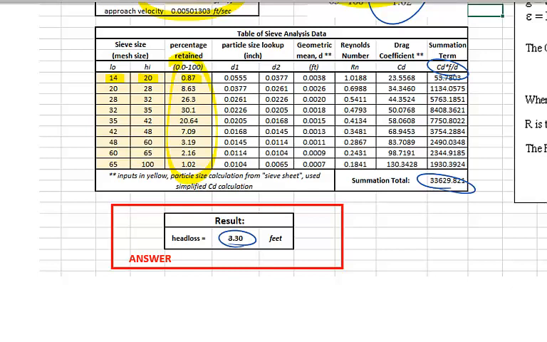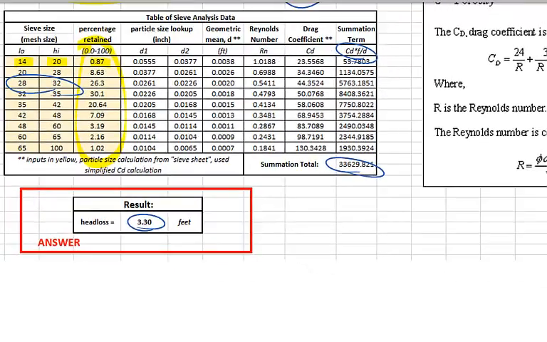Some of the students I've seen have been about 2.5, 2.8. It really depends on the interpolation that you use for the sieve sizes that perhaps are not available in a standard sieve chart, and I think that's where the source of error might occur. But about 2 to 3 feet would be your total head loss in that particular system.